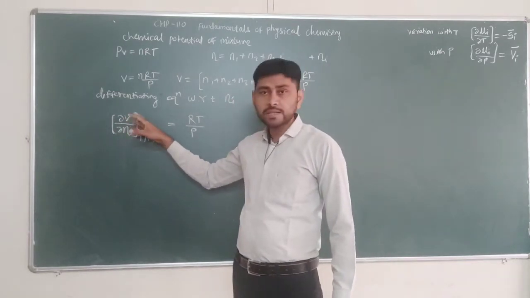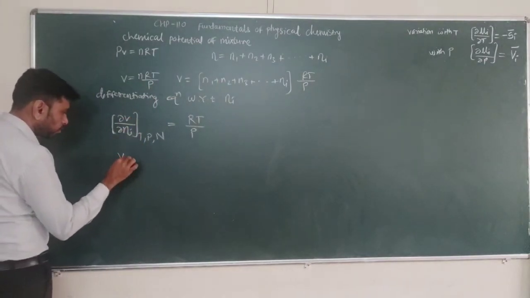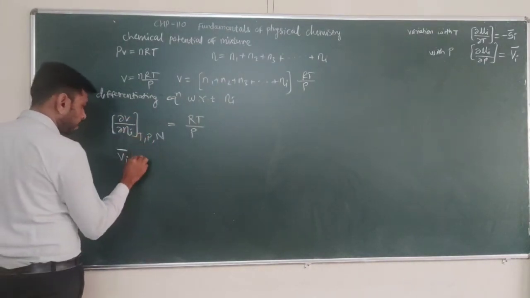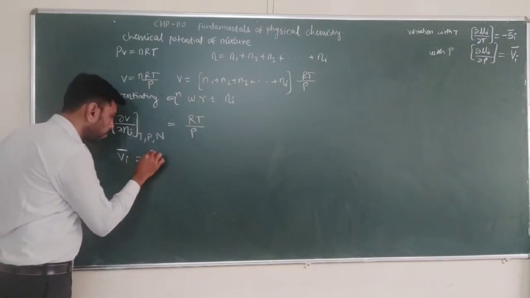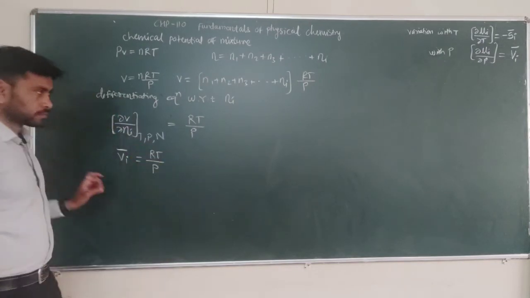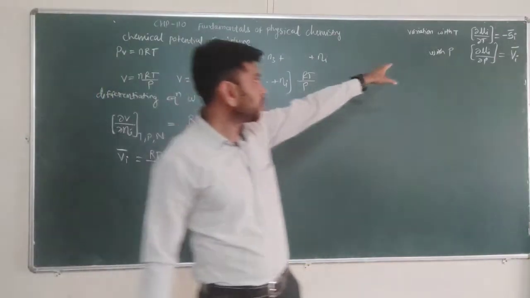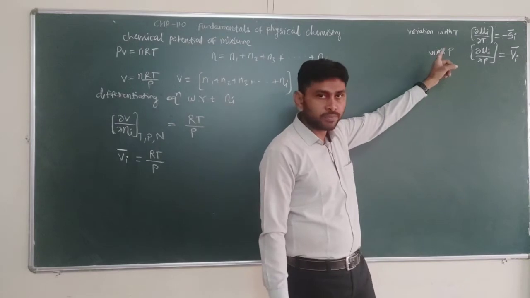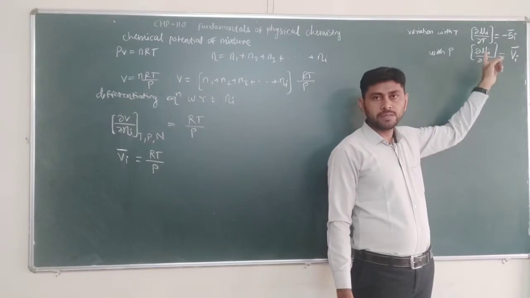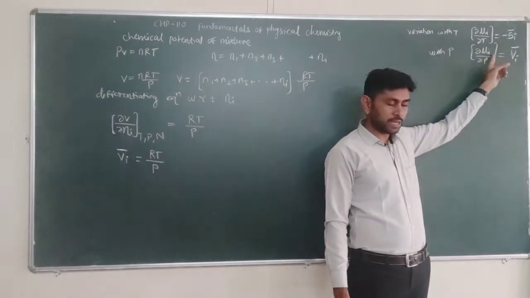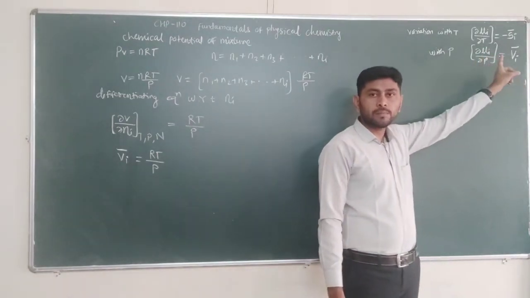So this represents the partial molar volume Vi bar, equal to RT upon P. From the variation of chemical potential with pressure, delta mu i by delta P is the variation of chemical potential with pressure, which is nothing but the partial molar volume.